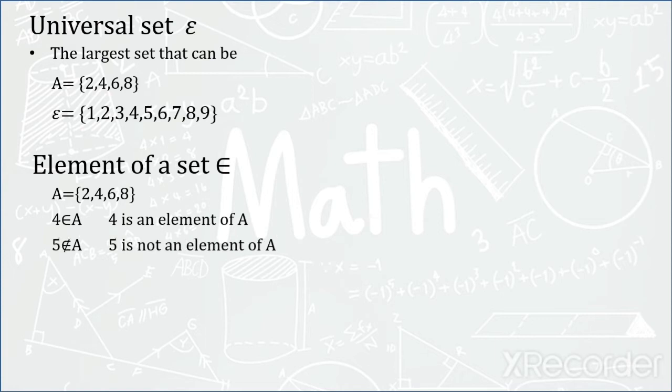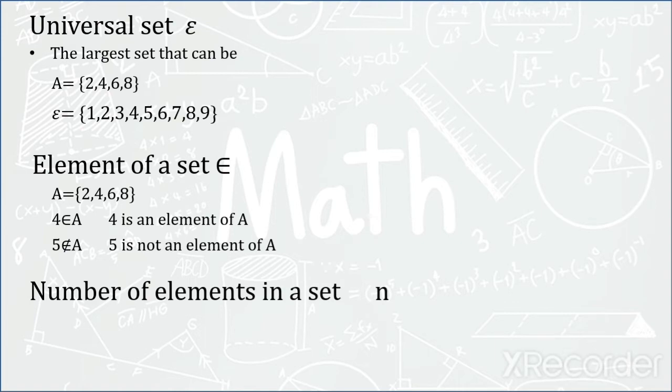But 5 is not an element of A, so you write that symbol and cut it by one line. It represents that it is not an element of A. 5 is not taken from that set A.